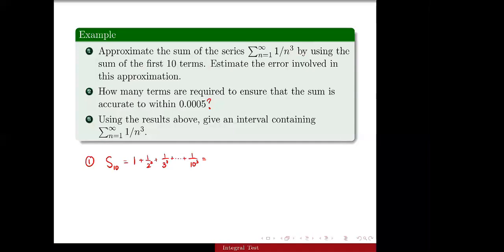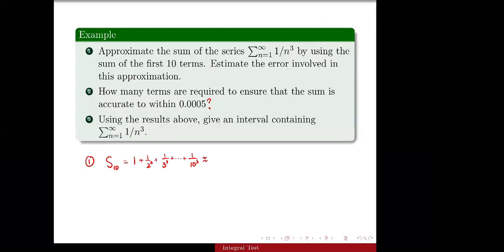And let us use some calculator in here. So try to use your calculator. The sum that I got here, well, this is just an approximate value.